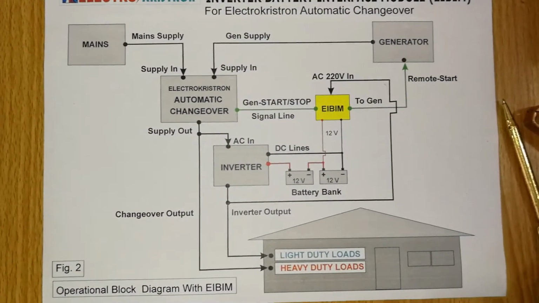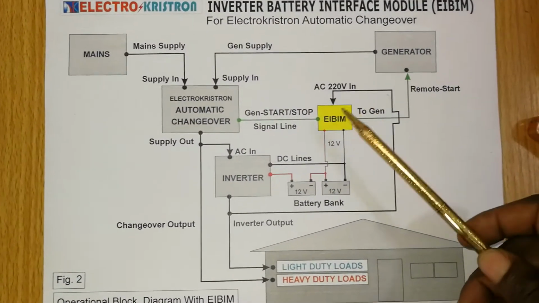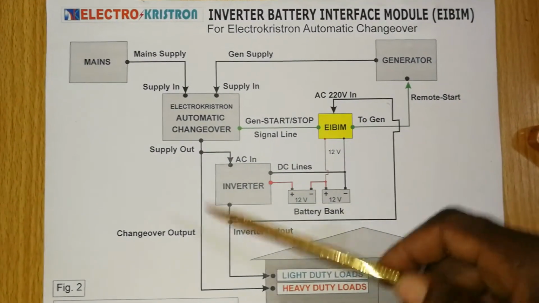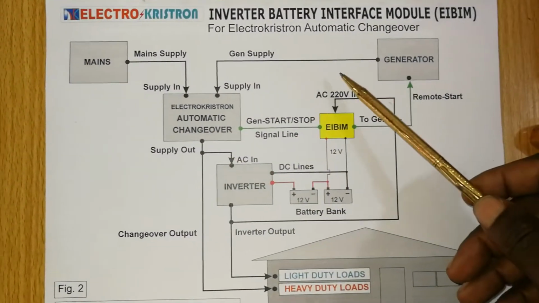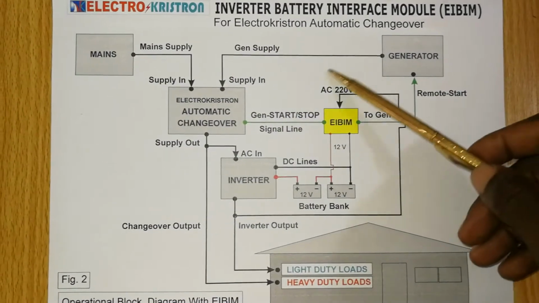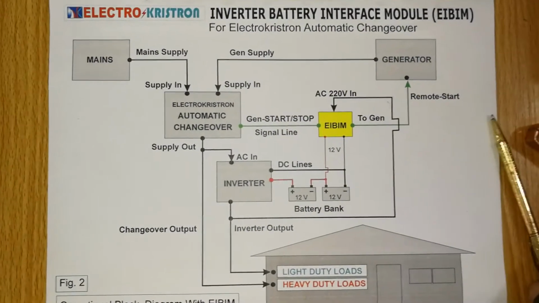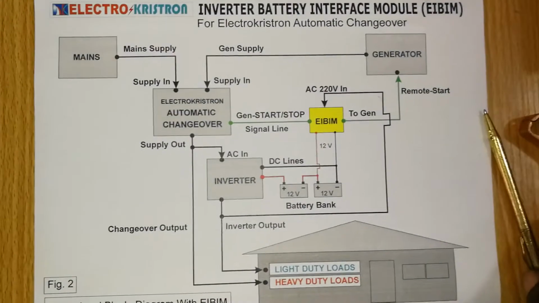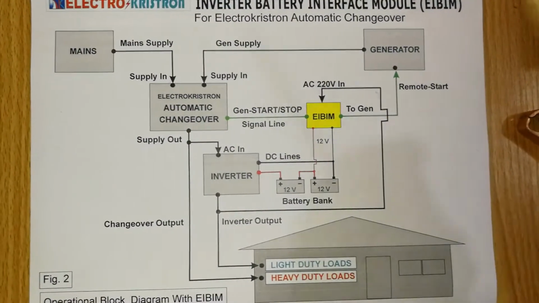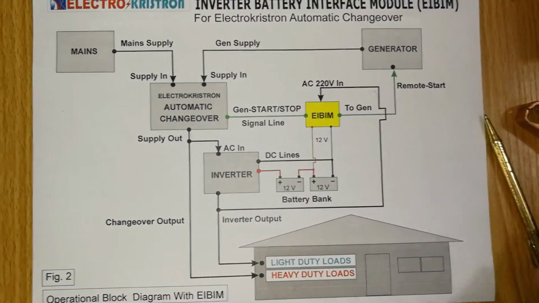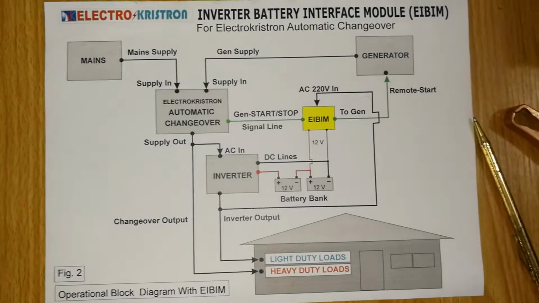If it is still charging and power fails, the EIBIM monitoring process kicks in again, and if the batteries have not charged up to a point where they can serve you, the gen will start automatically. All right, so without much ado, let us go into the demonstration proper.